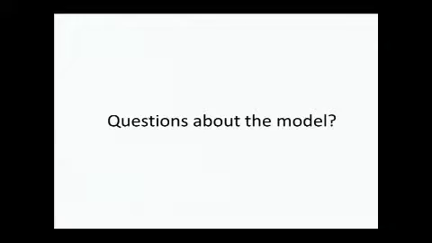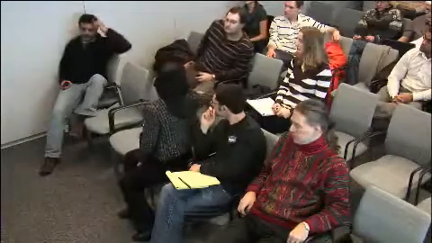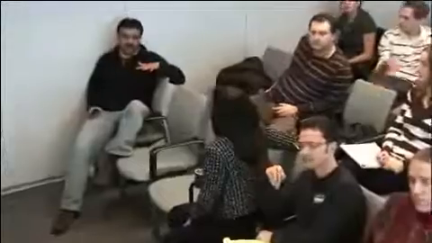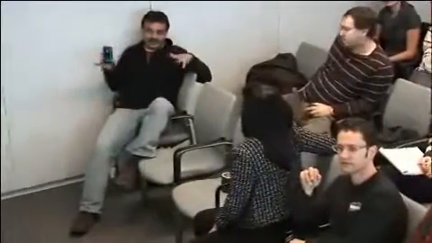Any questions about the model before I move on to the construction? There was one of the various adjectives, hierarchical. How is it different from yours? So this model describes all of these different variants.